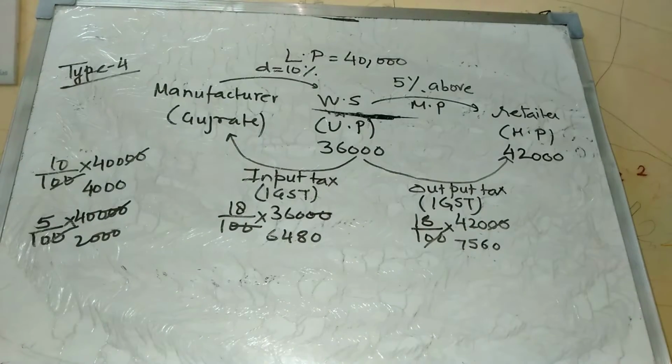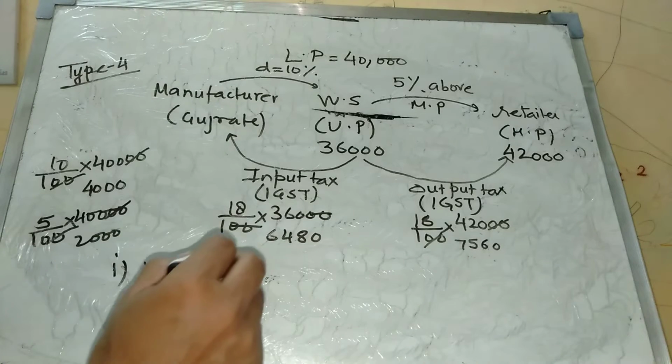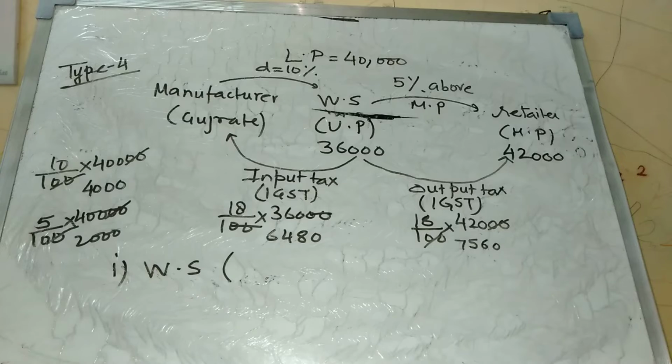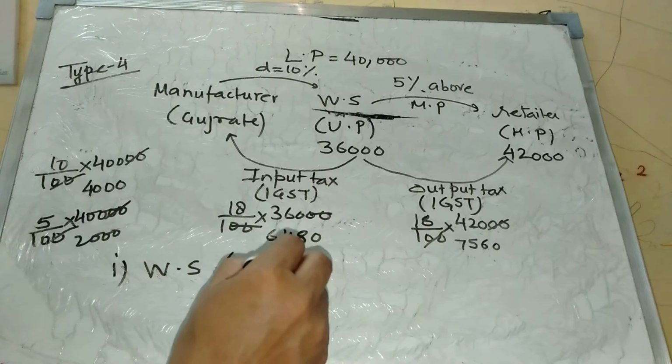So our first part is the price inclusive of tax which the wholesaler paid to the manufacturer. Means we have to find out the amount paid by the wholesaler to the manufacturer, inclusive of tax.